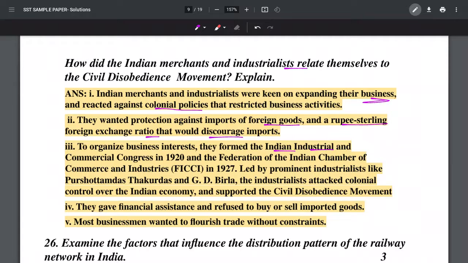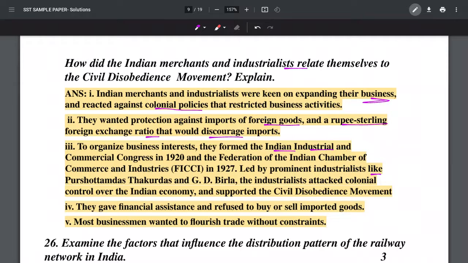Okay, IICC, you can remember that way. Industrial Commercial Congress was founded in 1920, and the Federation of the Indian Chamber of Commerce and Industries, FICCI, in 1927. These two bodies were formed to protect foreign exchange. That led to prominent industrialists like Purushottam Das, Thakur Das, and G.D. Birla.